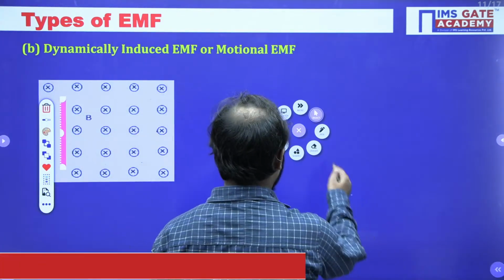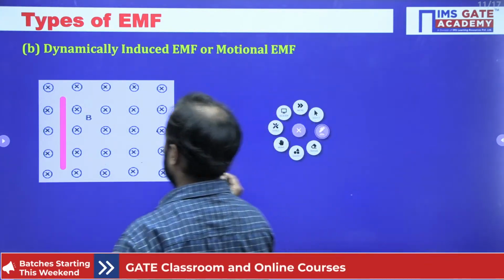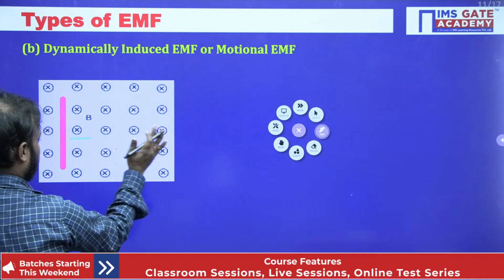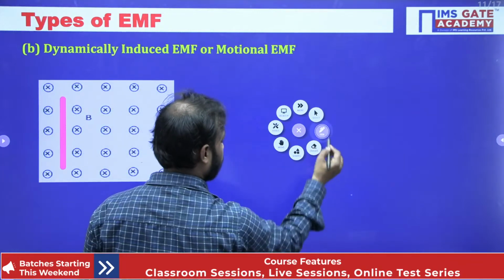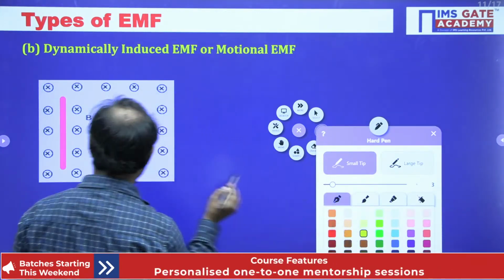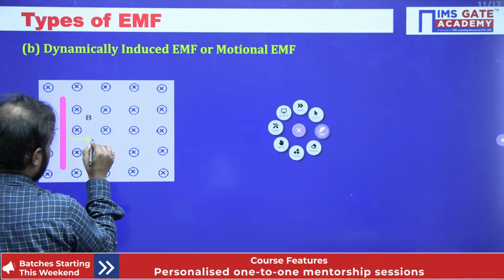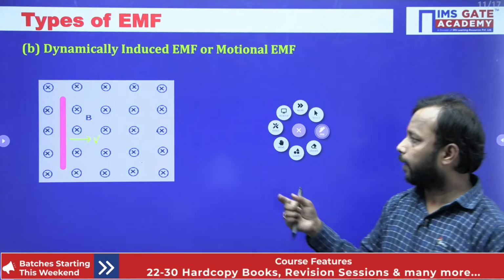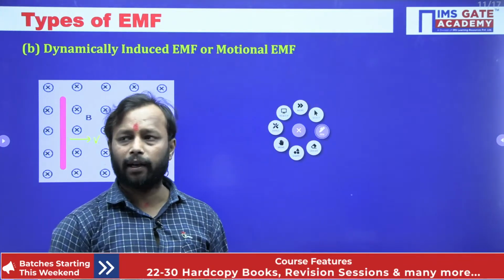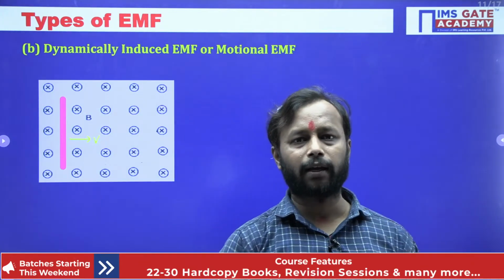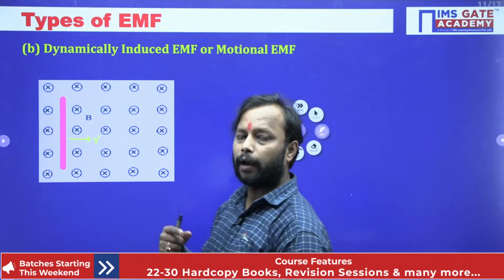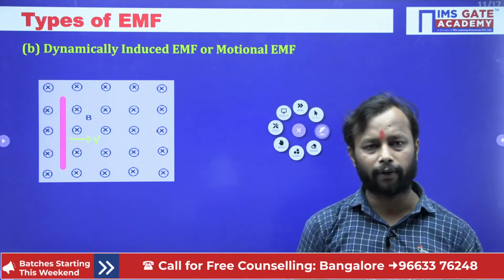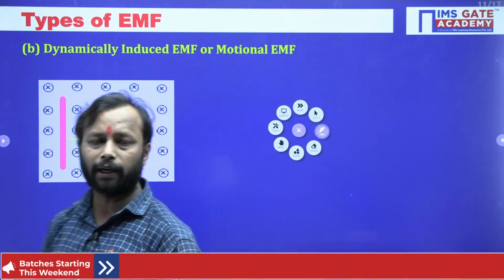Now let me take the conductor is moving in this direction, V. Now this conductor is going to have electrons, such that it will have a current, and due to that it will have an EMF in that, isn't it?